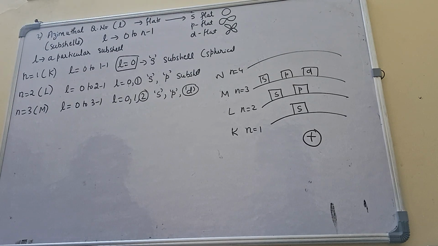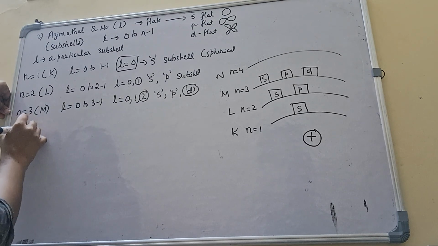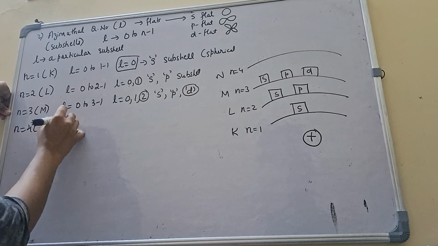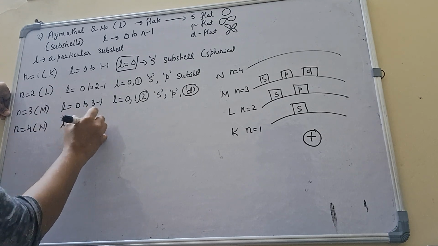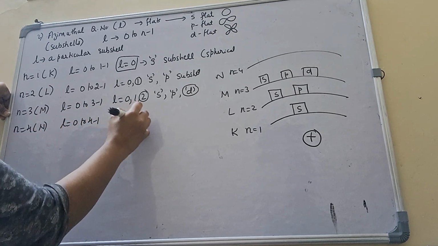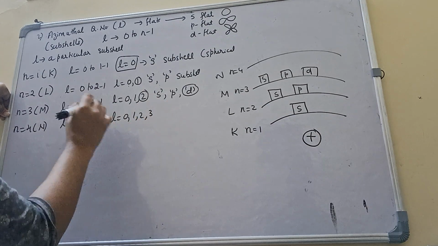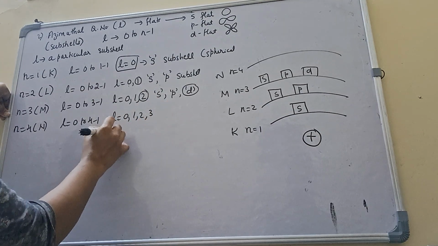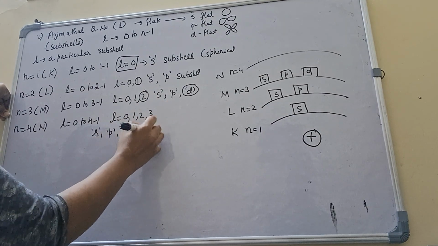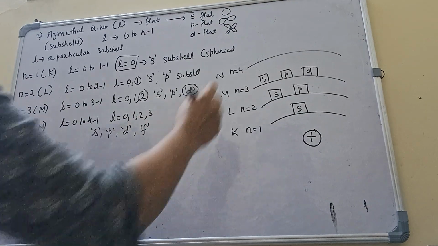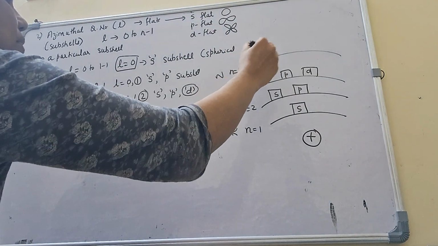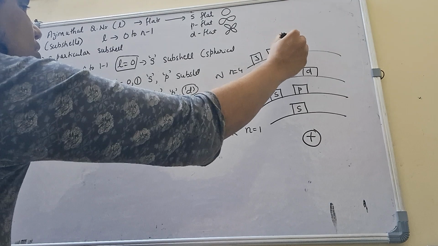Alright, so yes. Now let us talk about n is equal to 4, which is your N shell. It will be 0 to 4 minus 1. So L will be 0, 1, 2, 3. That means this will have S, P, D flat and another kind of flat which is F flat. Now F flat shape, let us not bother, it's slightly complex.